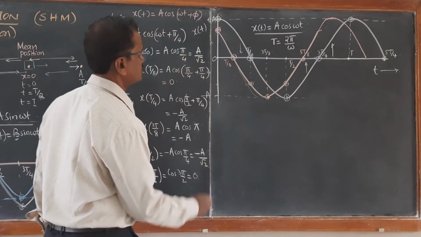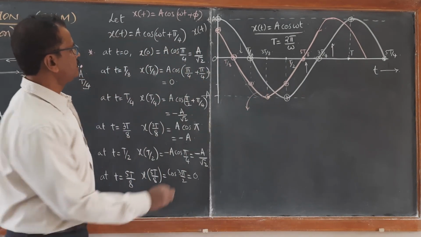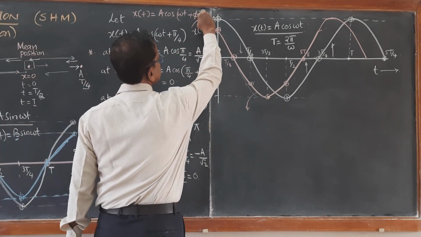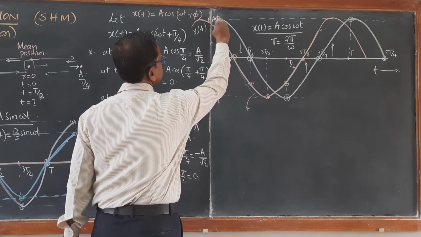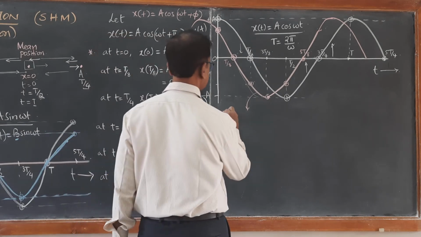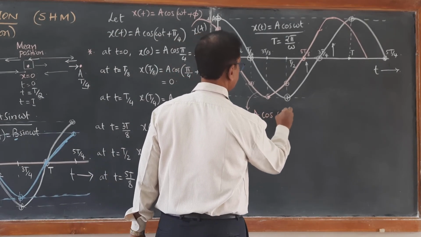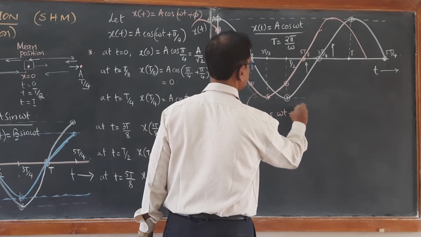This is the graph which we can say starts from here. So it has a phase difference. This is the graph of x(t) equal to A cos(omega t plus pi by 4).